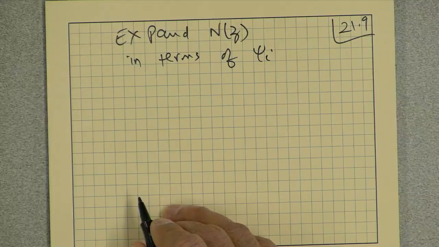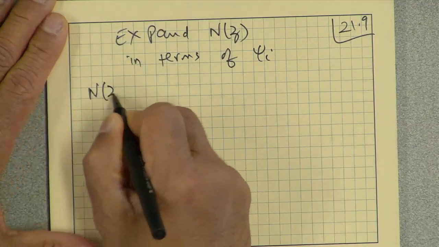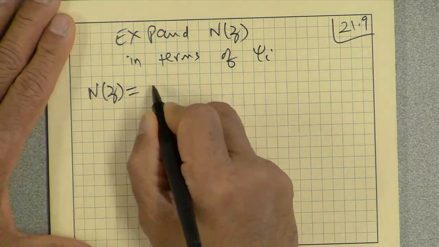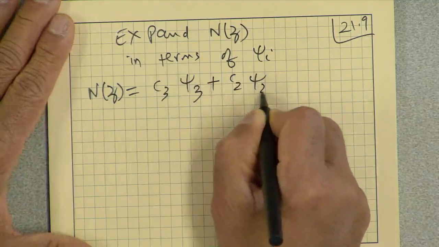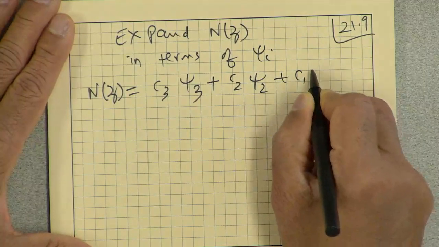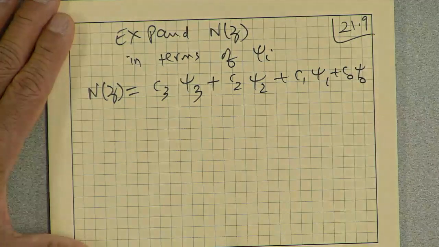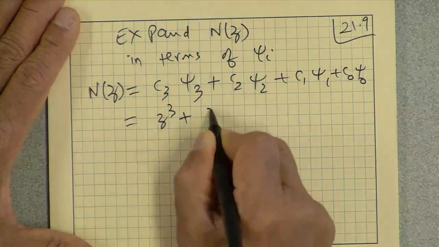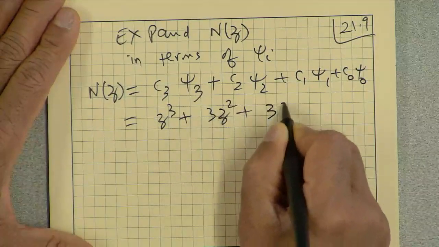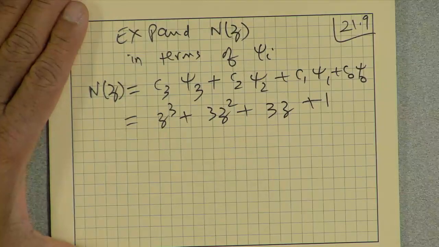And how we can do that is by equating the coefficients. So n of z can be written as c3 times psi 3 plus c2 times psi 2 plus c1 times psi 1 plus c0 times psi 0. And n of z, which is z cube plus 3z squared plus 3z plus 1, that is 1 plus z whole cube.